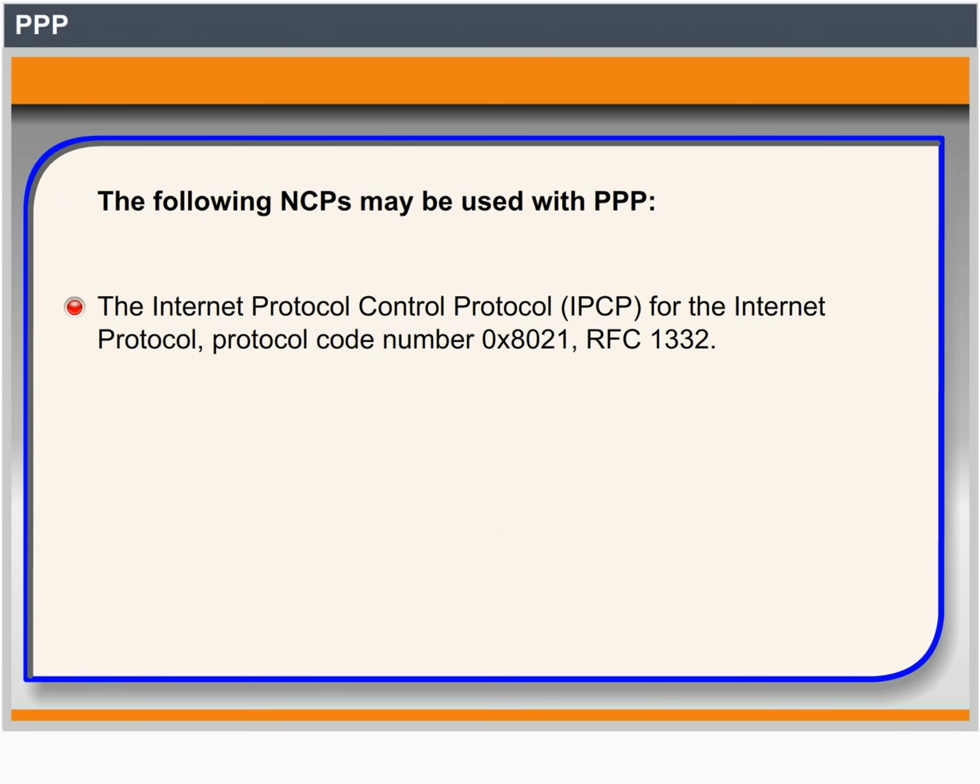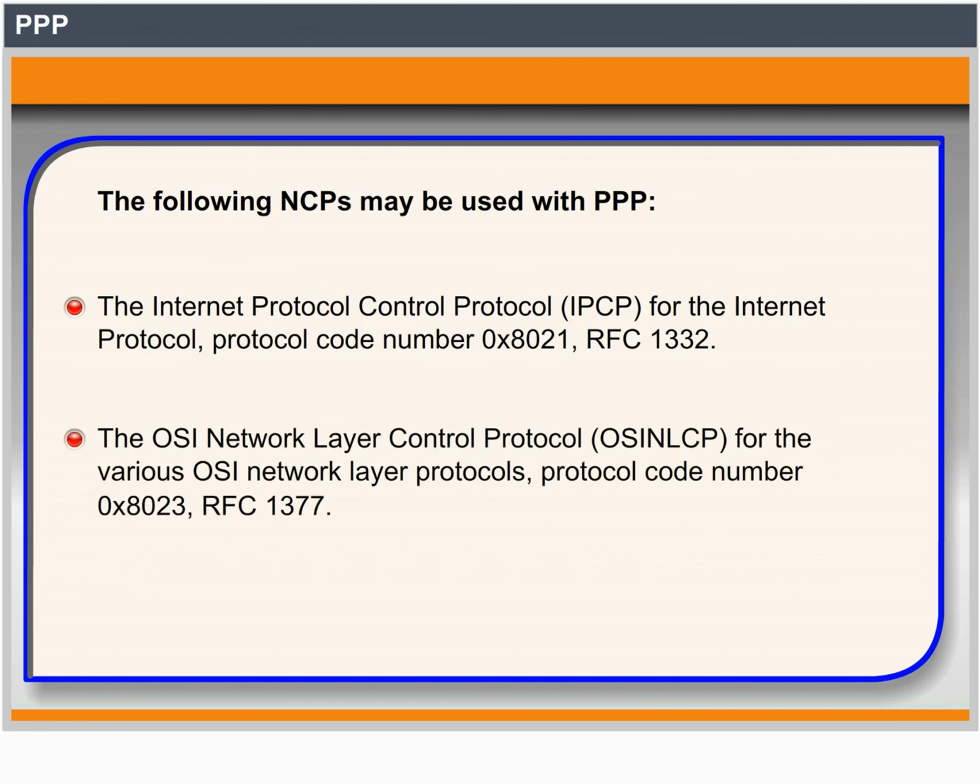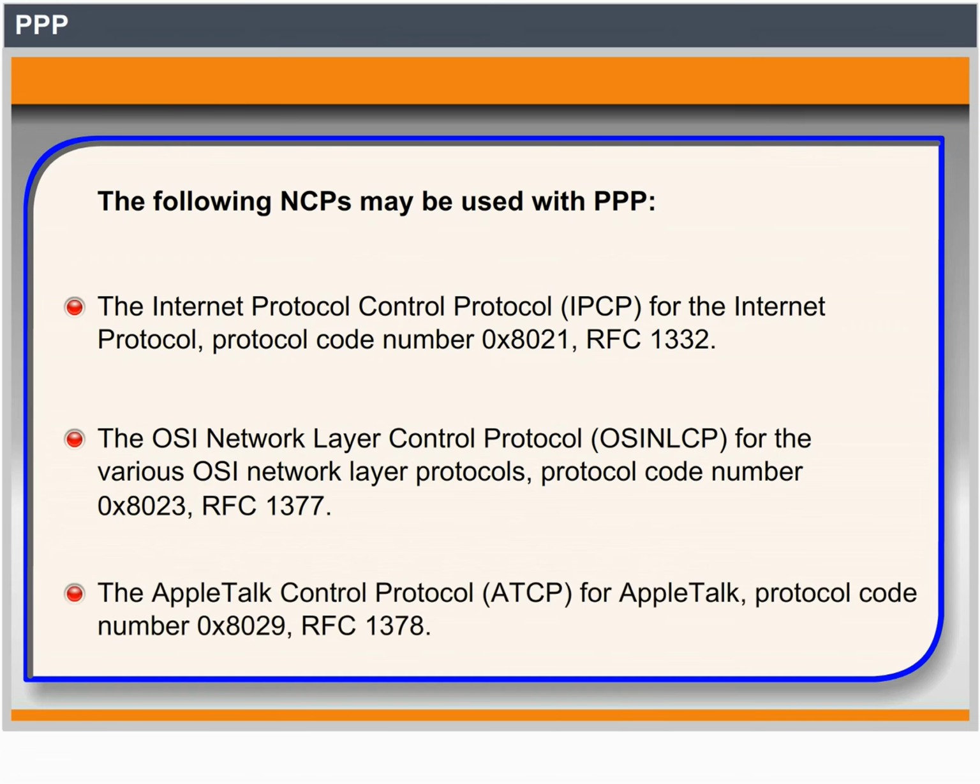The OSI Network Layer Control Protocol or OSINLCP for the various OSI network layer protocols, protocol code number 0x8023, RFC 1377. The AppleTalk Control Protocol or ATCP for AppleTalk, protocol code number 0x8029, RFC 1378.